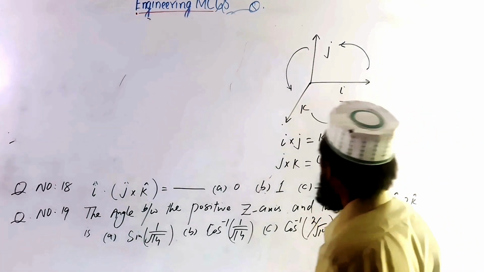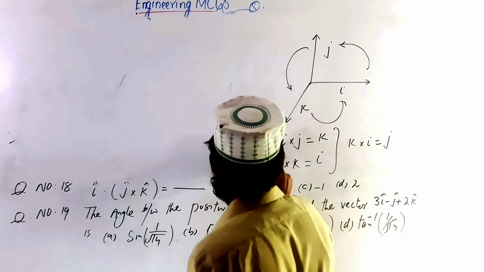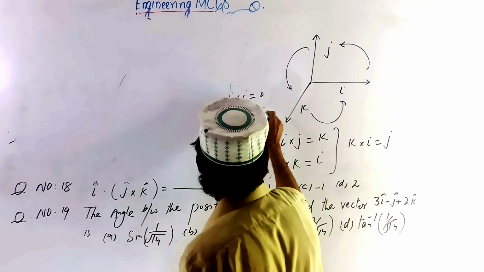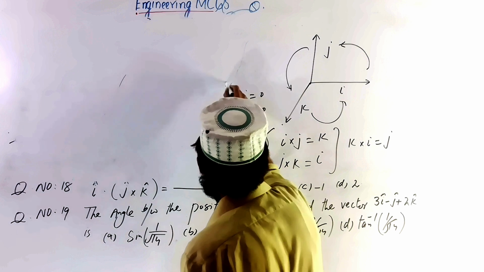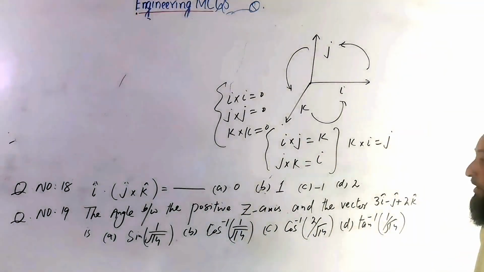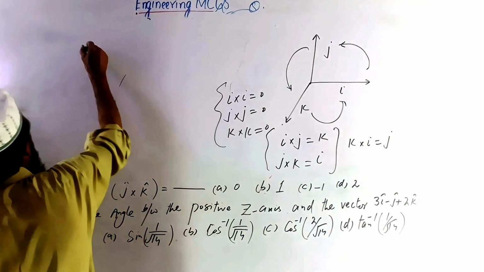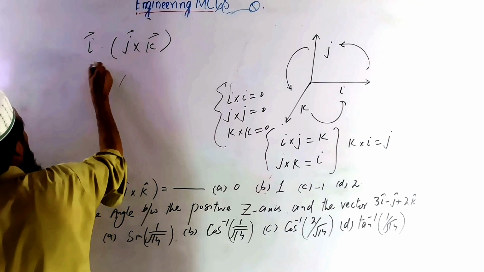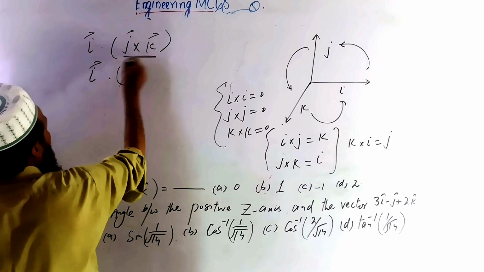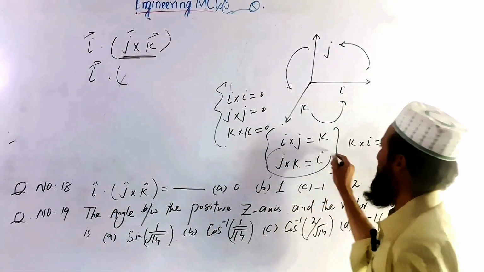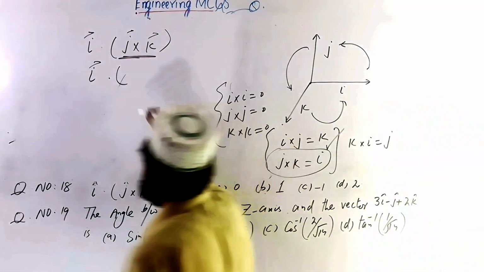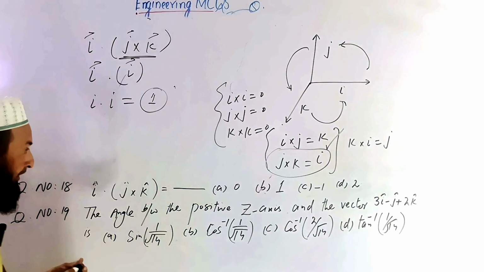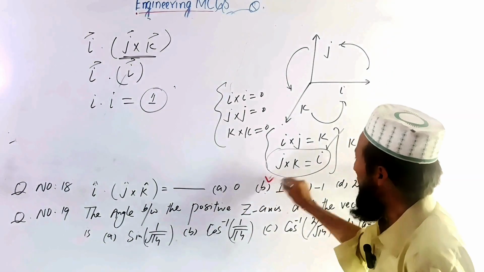And i cross i is equal to 0, j cross j is equal to 0, and k cross k is equal to 0, according to the cross product. Here i dot j cross k is given, so replacing j cross k with i, we get i dot i, which we know is equal to 1. So B is the correct answer.